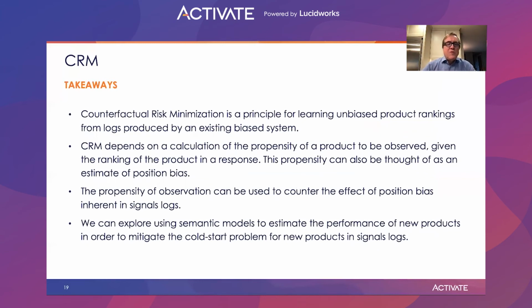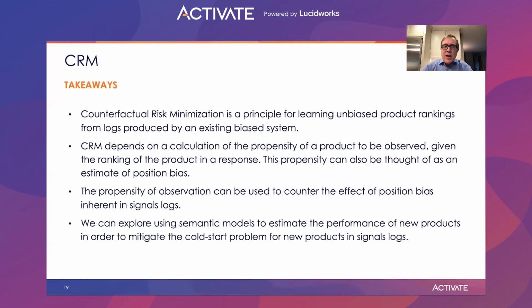We have this specific idea or principle called counterfactual risk minimization. It has to do with training new models while dealing with debiasing, if that's a word, addressing the bias of the existing model. And in order to accomplish that, there are some techniques in counterfactual risk minimization.